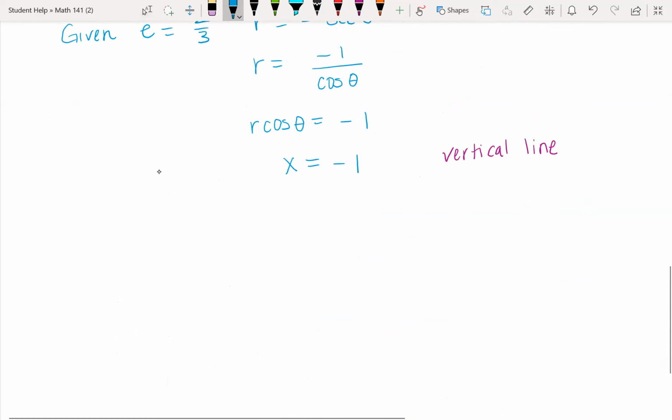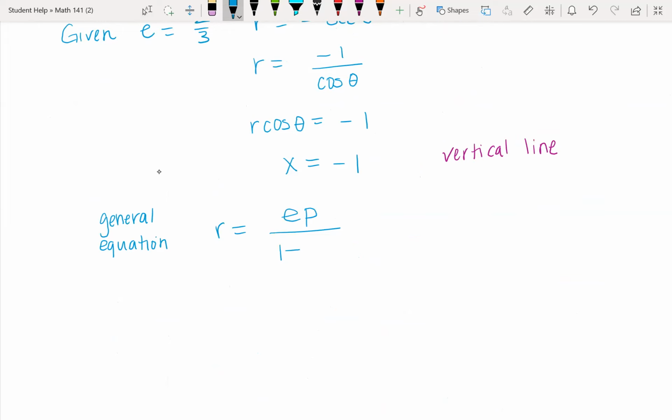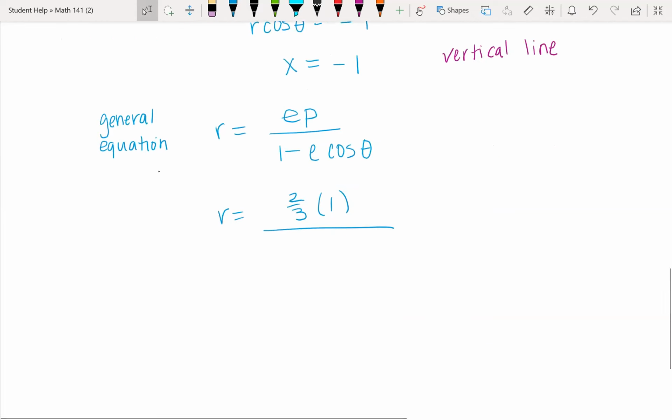So our general equation will be r equals e times p over 1 minus e cosine theta. e they gave us as 2/3. p, we're going to plug in 1, not -1, because it has to be the distance.